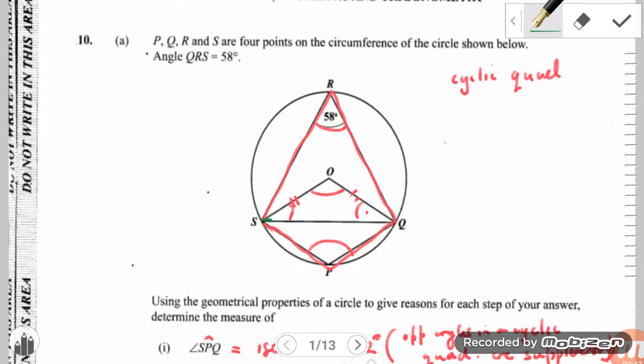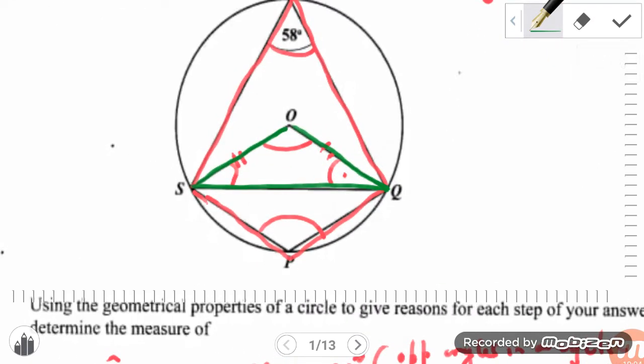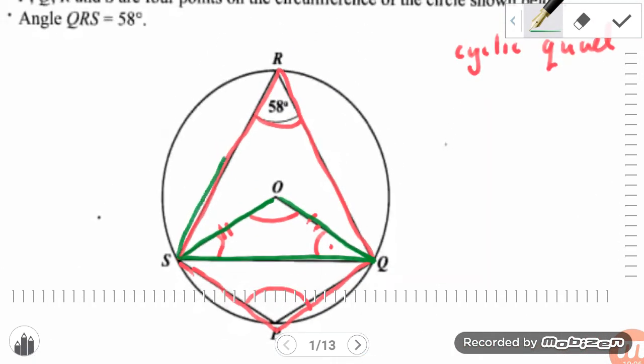Here is the chord SQ, and the chord SQ creates an angle at the center at O. But that very same chord SQ creates another angle at the circumference, up there. That's 58. So the angle exactly at the center, here at O, is exactly twice the size of the angle up there.